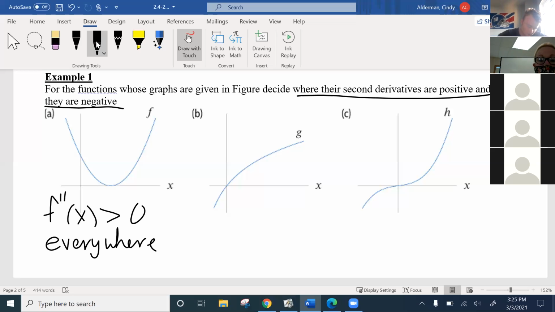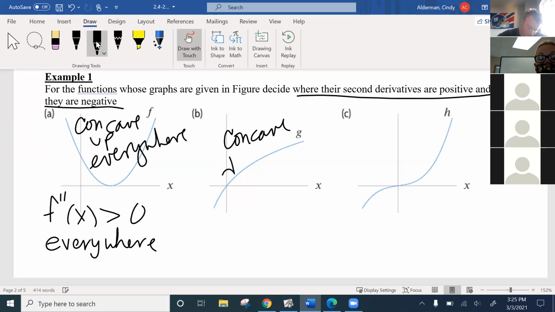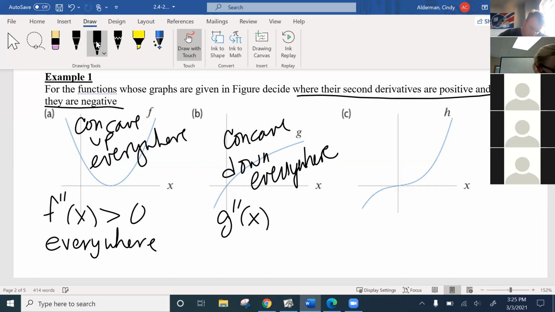Therefore, you can say g double prime of x is less than 0 everywhere.